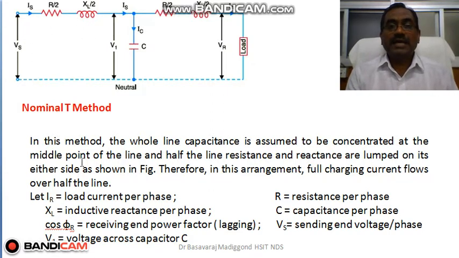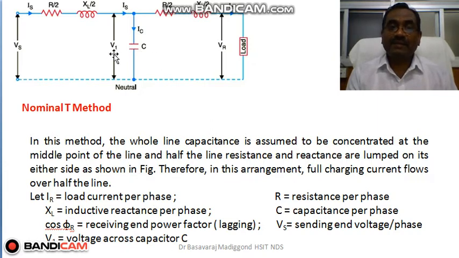Let us assume some parameters. Let IR be the load current per phase, XL the inductive reactance per phase, cos phi R the receiving end power factor, which is usually lagging. Why is it lagging? Because the load is assumed to be inductive in nature.